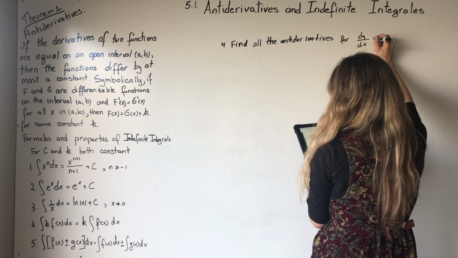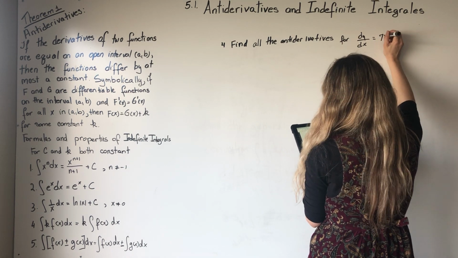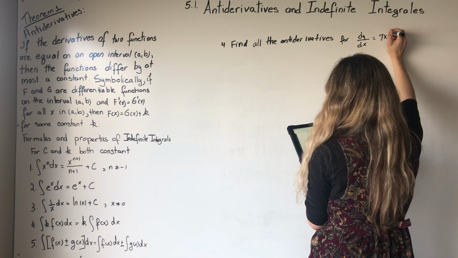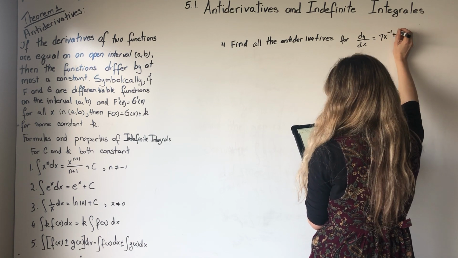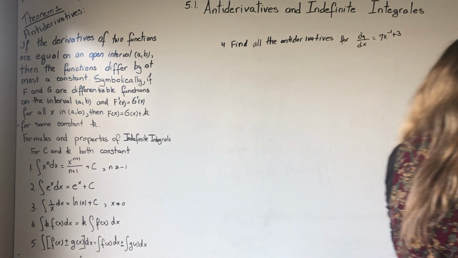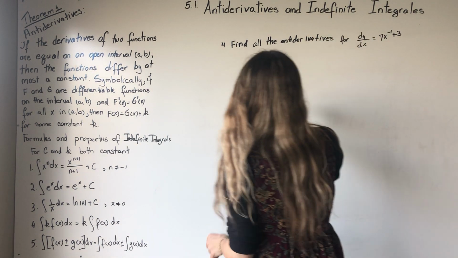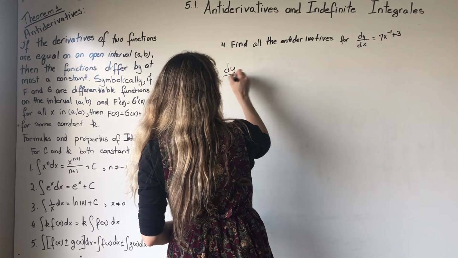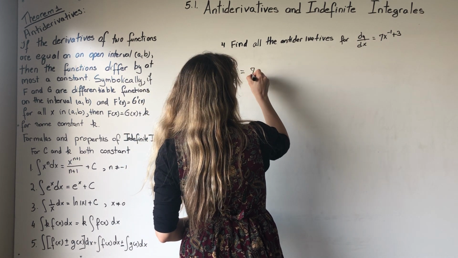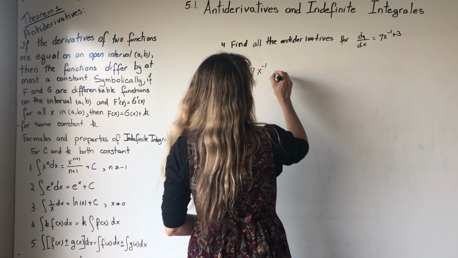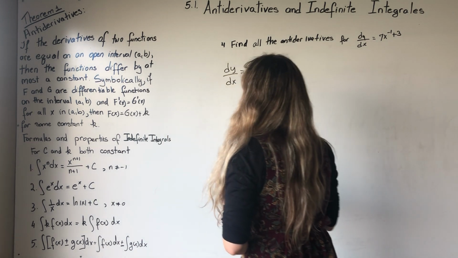It's equal to 7x to the power of minus 1 plus 3. So what do we have? We have dy over dx is equal to 7x to the power of negative 1 plus 3, correct?